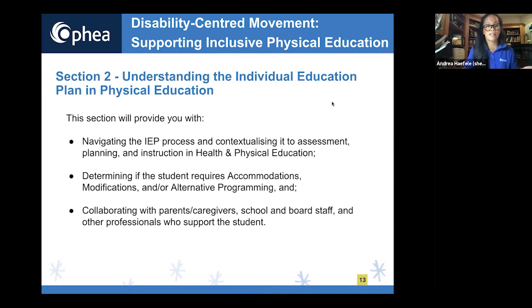And last but not least, collaboration with the other community of care that student is in, whether it's the parents, caregivers, other school professionals, and supports that your school board may offer. So to come next week, check that out. And there's also examples of physical education program expectations for IEP. So check that out when it comes out, okay?